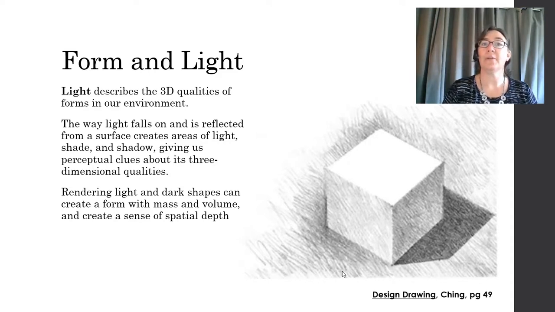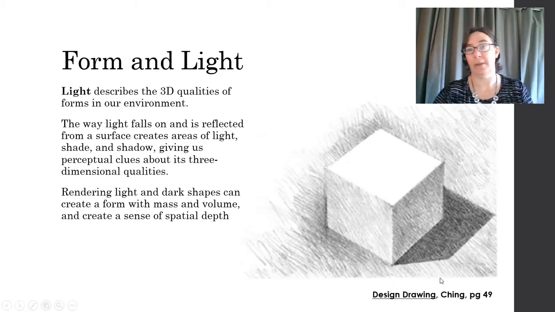That's going to create areas of shade, of shadow, and it will give us clues about the three-dimensional qualities of that form. So as an artist, we need to render some light and dark shapes to create that form. And that's going to give us that sense of visual or spatial depth.